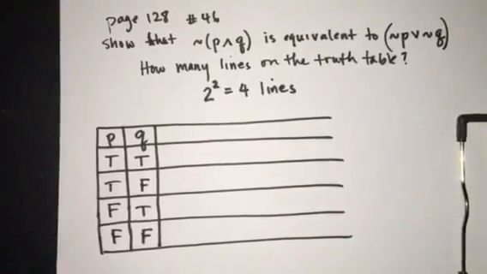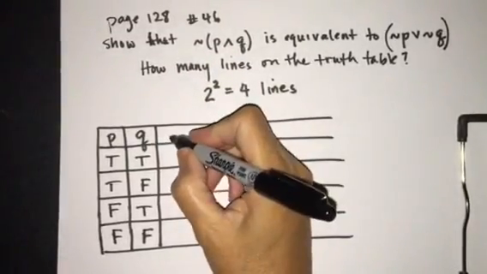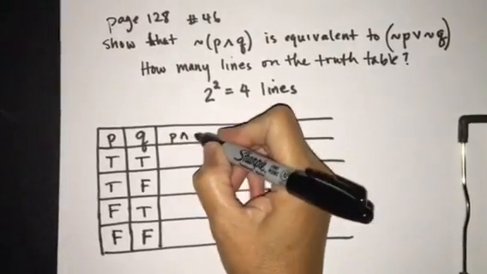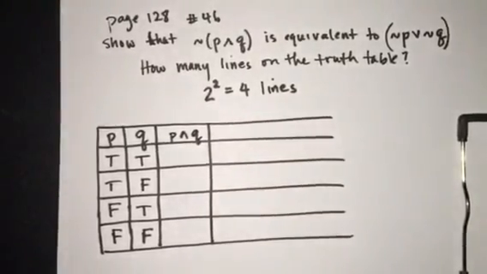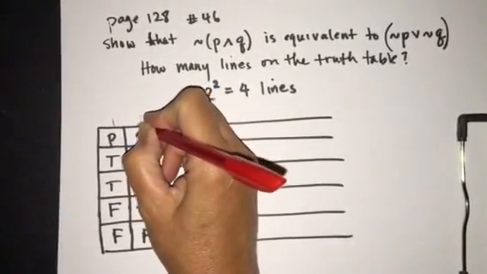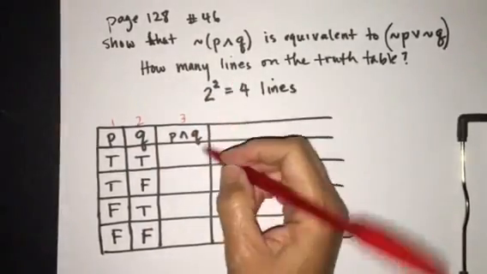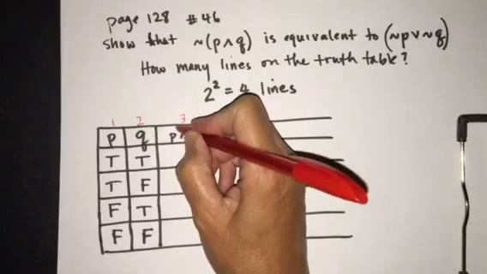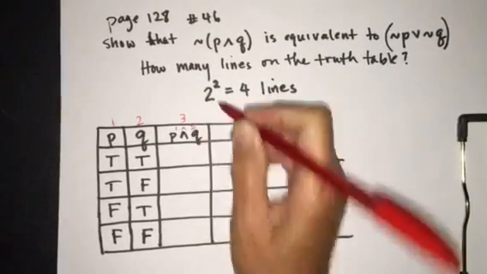For the first one here, P and Q, I will need a column for P and Q. I hope you have that one memorized at this point. If I use my column numbers, column 1, column 2, here's column 3. And so column 3 is column 1 connected by and to column 2.